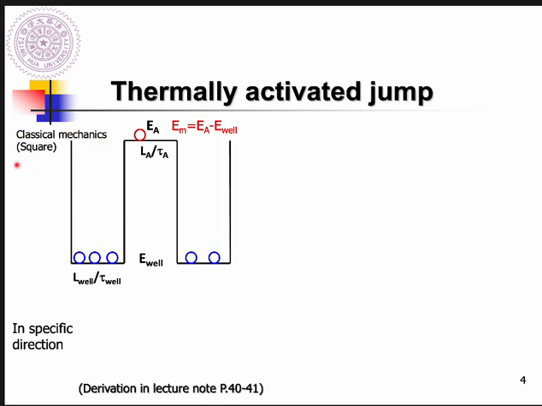In classical mechanics, the atoms vibrate within this square potential well over a span of L with residence time tau. It is trapped in the potential well, vibrating in it, with distance L and residence time tau. And this is location A, or location 1, location 2, and location 3.